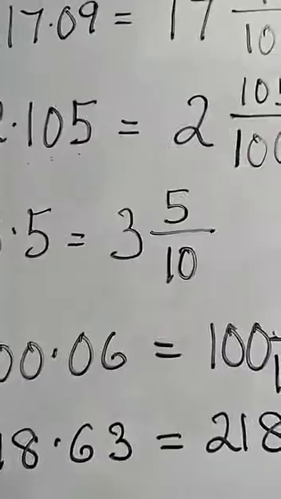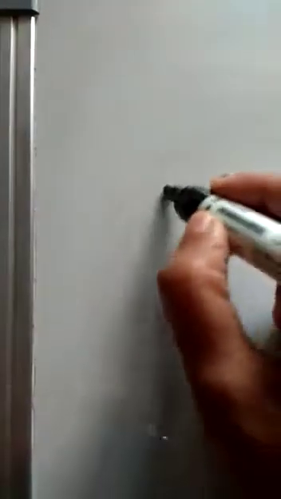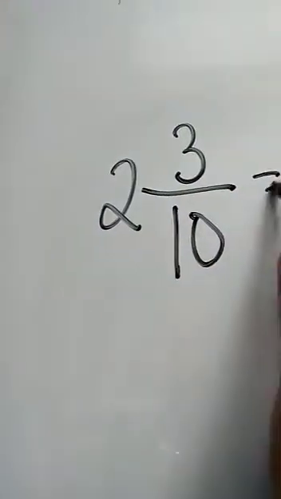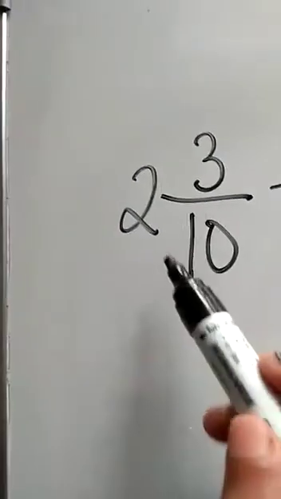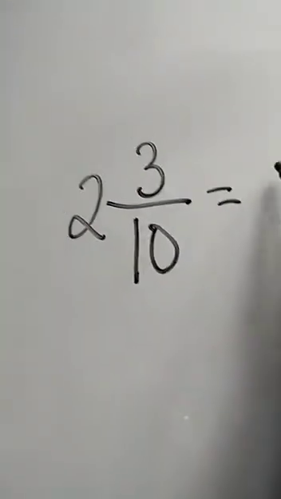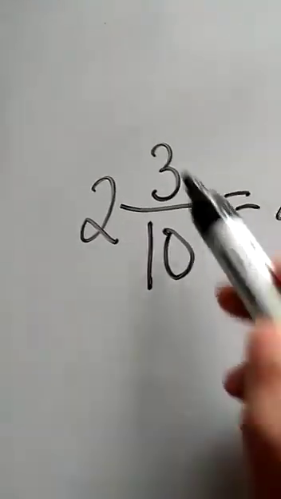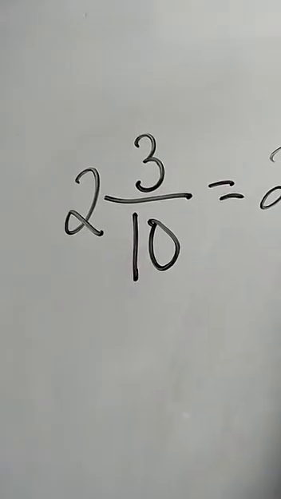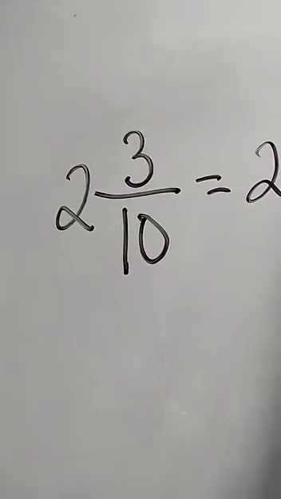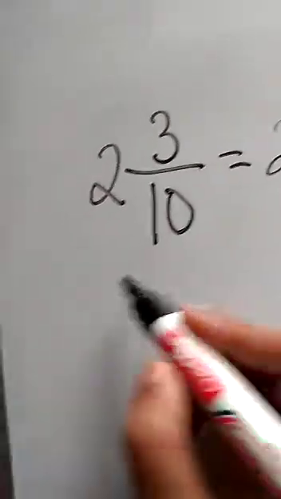Okay. Now going to the second question, the mixed fractions are given and you will write them as decimal numbers. The first one is 3 by 10. How will you write this? 3 by 10 means what? Point, only one decimal place. So 0.3.